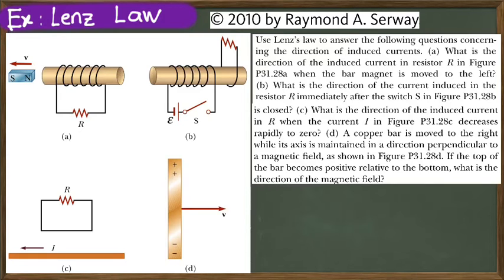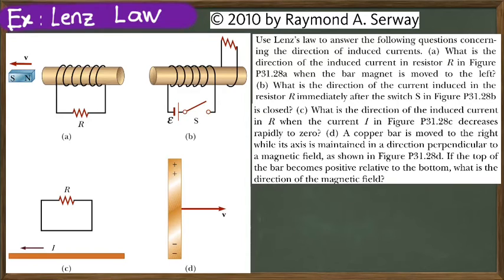Okay, so what happens with this configuration at any instant of time, the magnetic field through this core is toward left, right? Because, sorry, it is toward right. Okay. The magnetic field at any instant of time through this core is toward right.